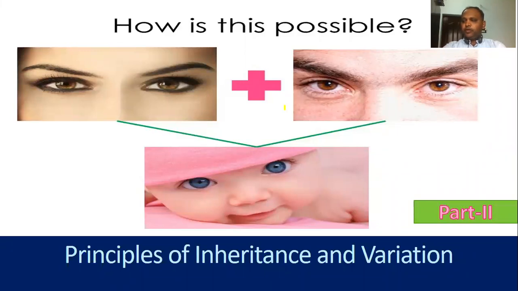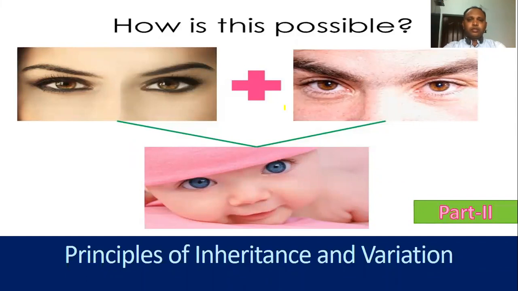In the previous video, we started the new chapter, Principles of Inheritance and Variation. In part 1, we discussed the meaning of inheritance and variation, and then the important terminologies related to genetics.